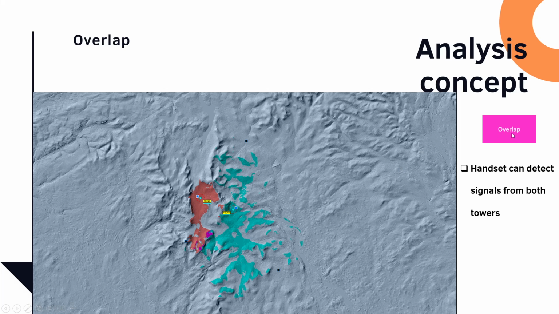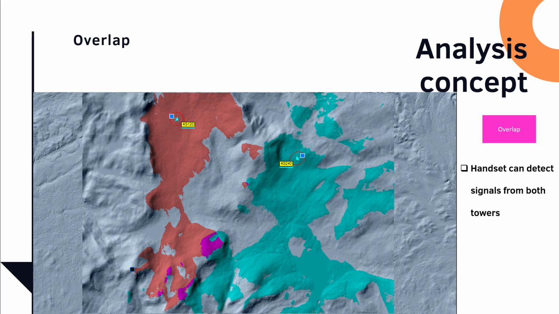The pink means overlap, so a handset can detect signals from both towers. Both towers can be connected. That's overlap. This is a zoom in. This is telling me that if someone is being served by these two cells concurrently, they can switch back and forth. Very likely they are located in this area here, because that's the only area where you could get reception from both cells.